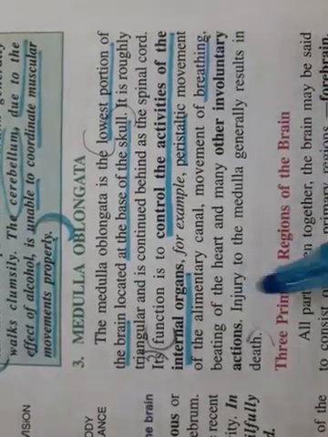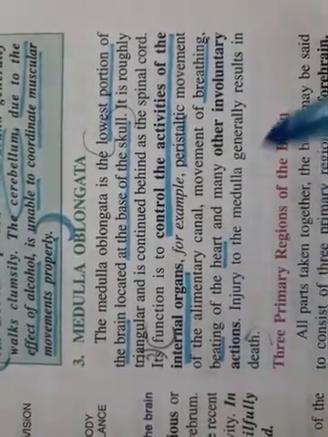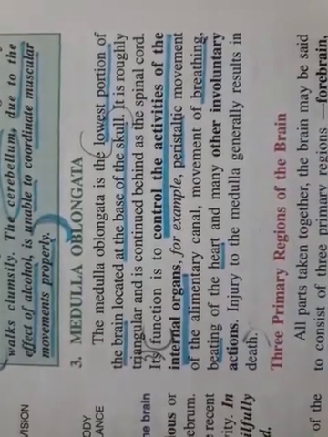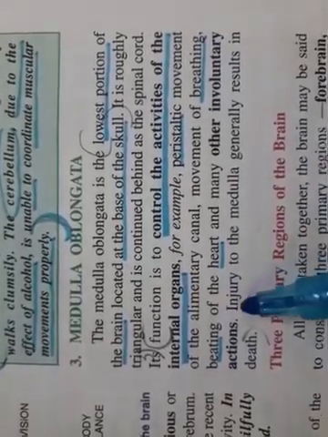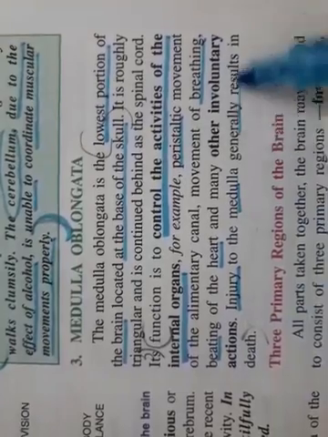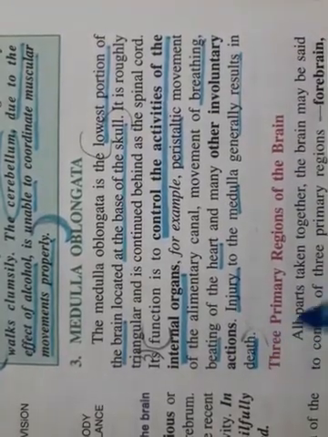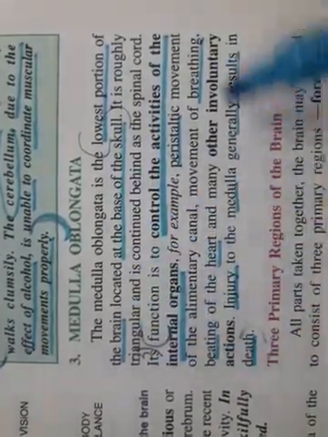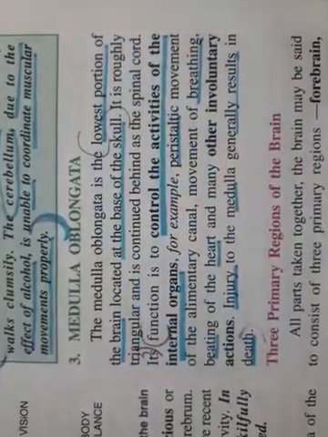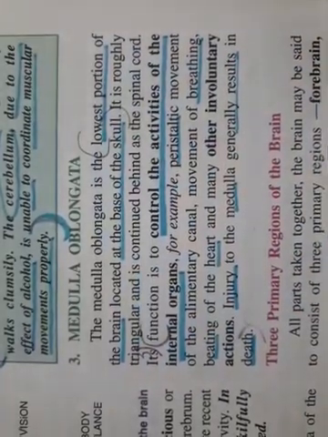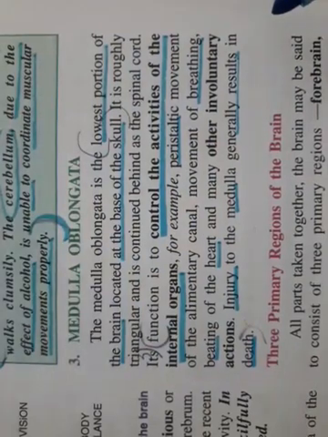Movement of breathing, heartbeat, they are all controlled by medulla. Any injury to medulla will immediately cause death because your activities of internal organs will be stopped at that moment.